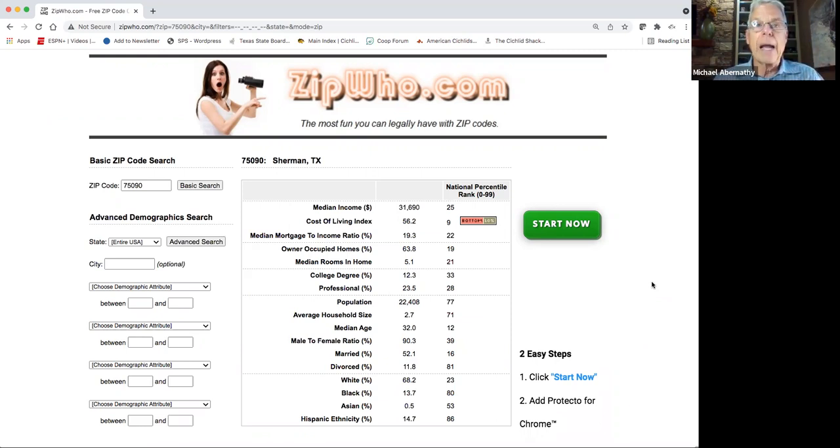So it will define your potential and kind of how you're going to have to practice when we look at this. Let's say, for example, we've got 63% owner occupied. That means that 37 or 36% are in apartments, right? If they're living there, they're renting. Okay. So the lower the owner occupied home number is, the higher the apartments and rental spaces will be.